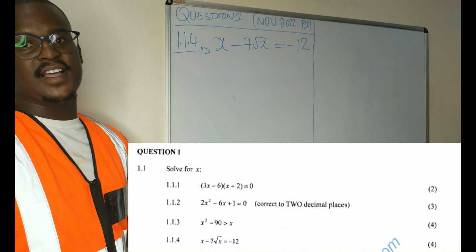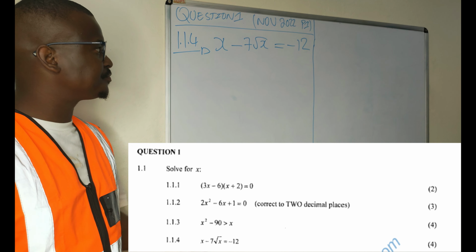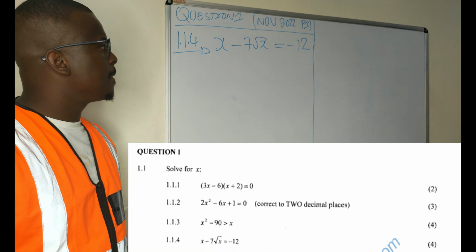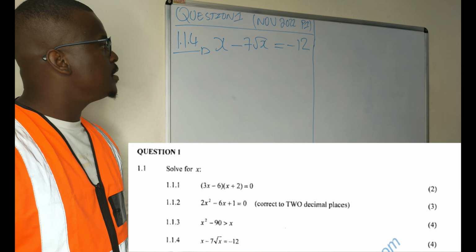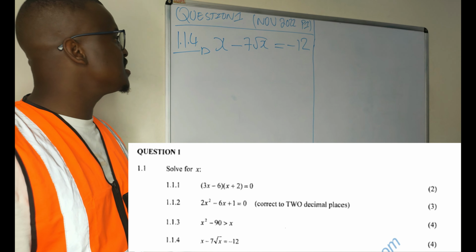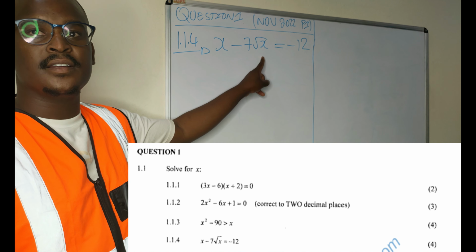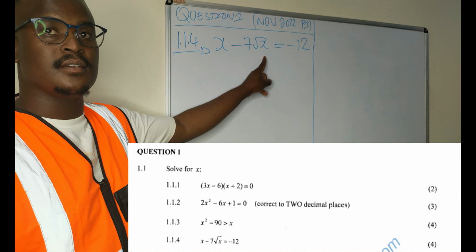So you're asked to solve for x here as well, right? The first thing to do when you're dealing with such things is to notice the relationship between this term and that term there. What is the relation between them?